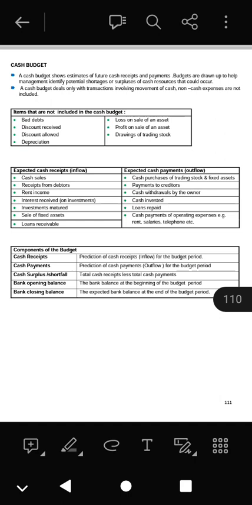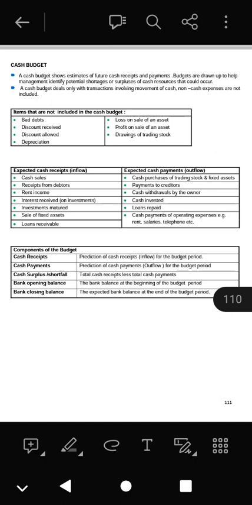And here are some of the items that are not supposed to be included in the cash budget. Bad debts, discount received, discount allowed, depreciation, loss on the sale of an asset, profit on the sale of an asset, drawings of trading stock.